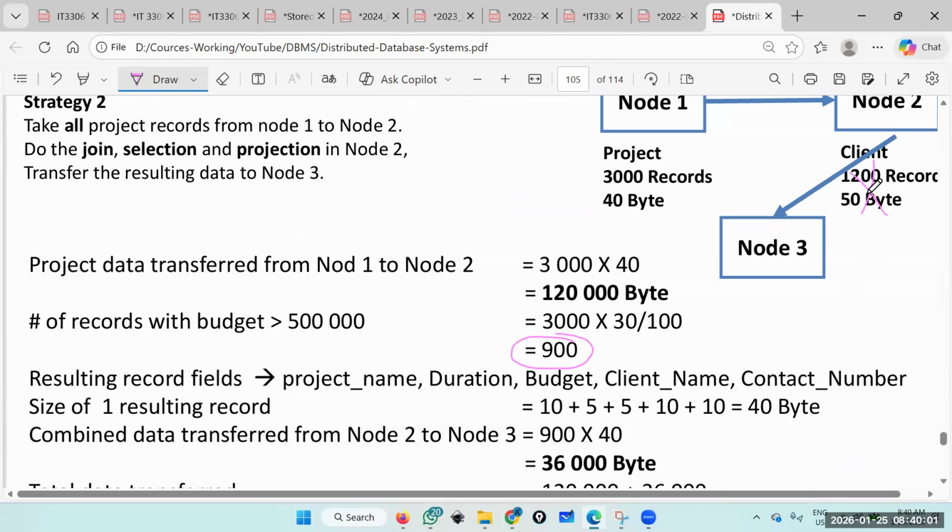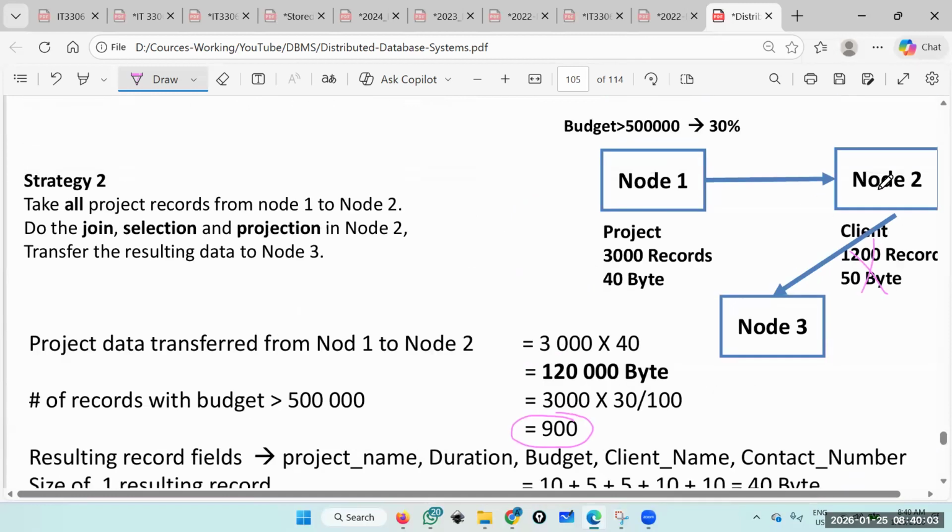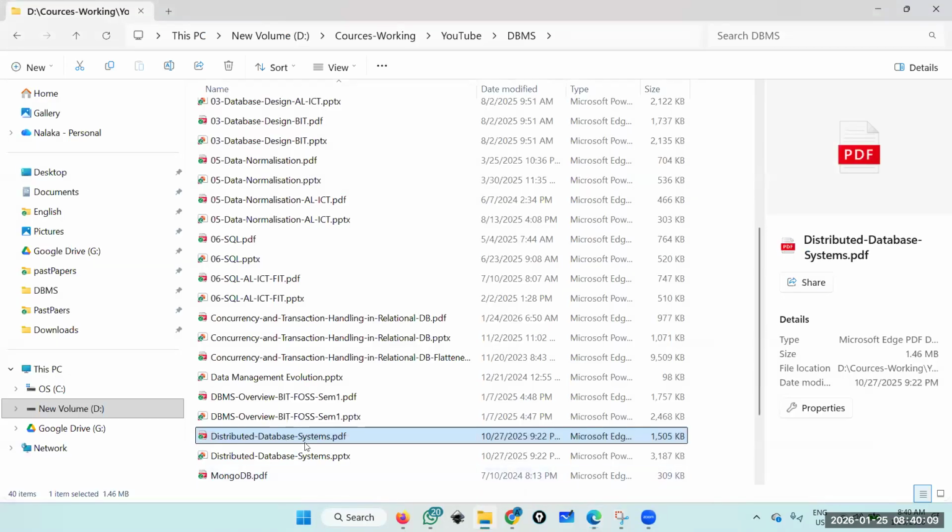Okay, so let me fix this. I have made a mistake there. Let me fix it, otherwise I will forget it. I will share the updated note as well.